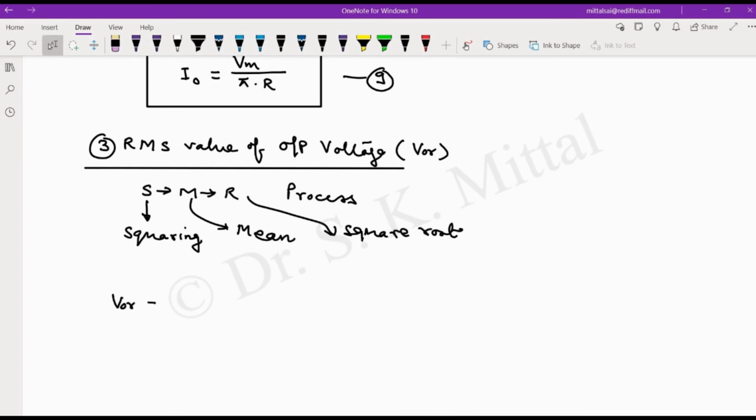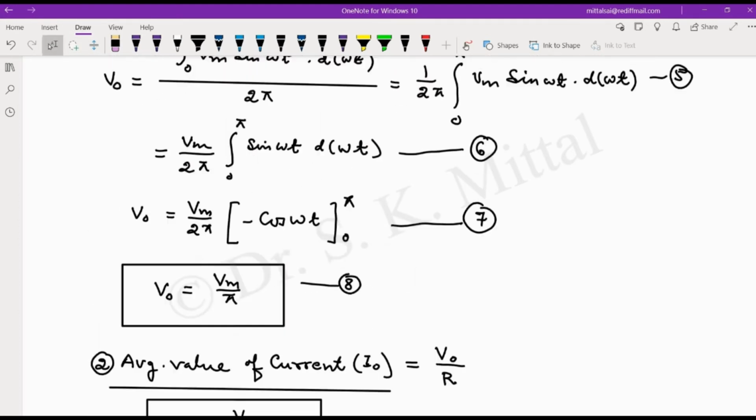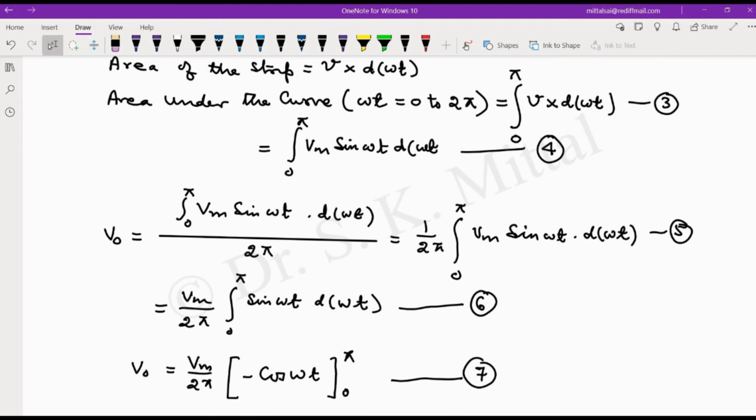V0R means RMS value. What I have said is that the RMS value can be obtained by squaring. So which value will I square? From equation number 5, this voltage value Vm sin omega t I will square.